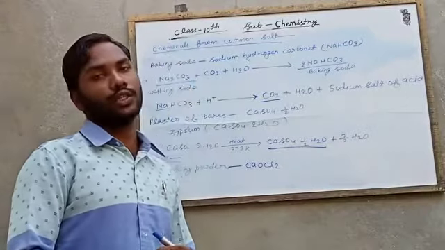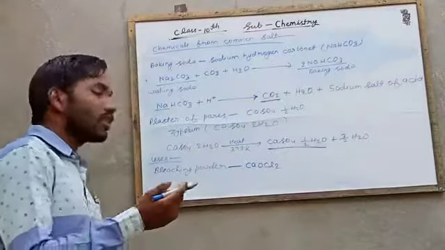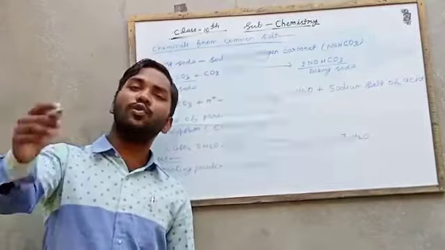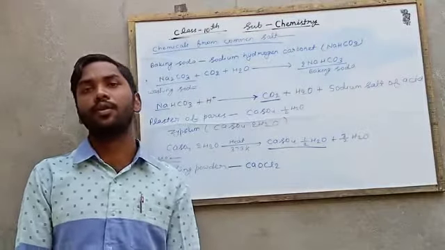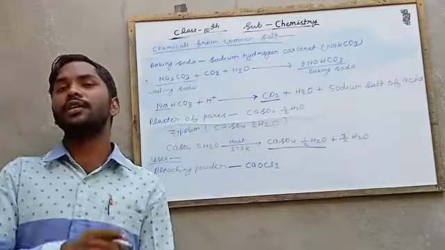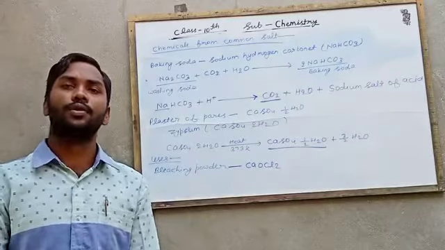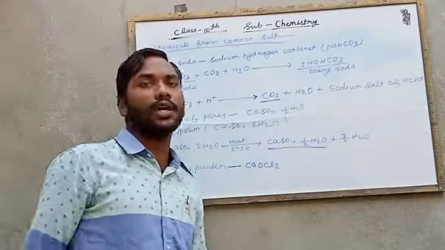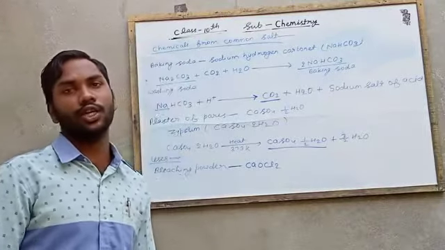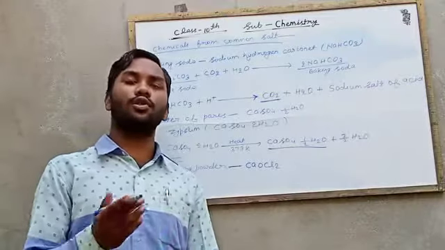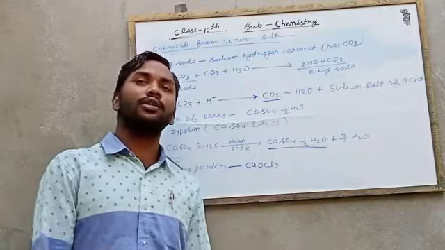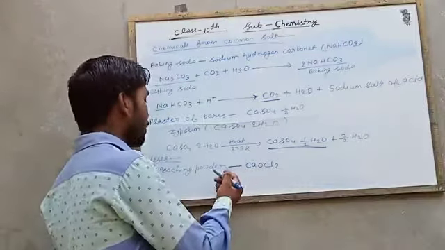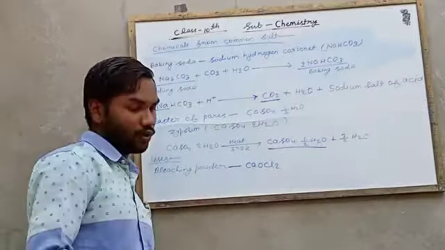It is formed by passing chlorine gas through dry slaked lime, calcium hydroxide. When we pass chlorine gas through dry calcium hydroxide, it produces calcium oxychloride, or bleaching powder.